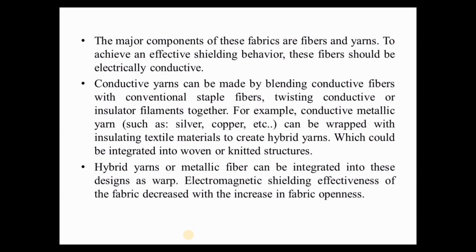For example, conductive metallic yarn such as silver, copper, etc. can be wrapped with insulating textile materials to create hybrid yarns, which could be integrated into woven or knitted structures. Electromagnetic shielding effectiveness of the fabric decreases with the increase in fabric openness.